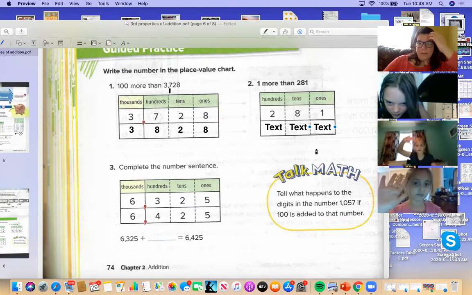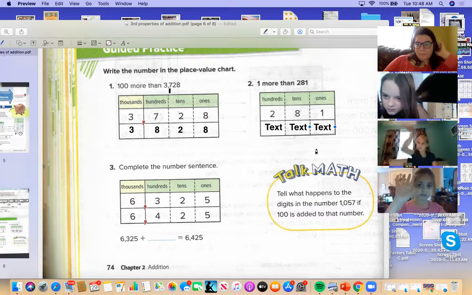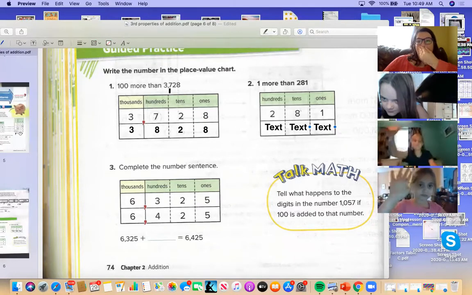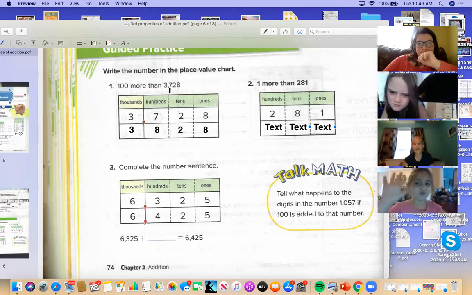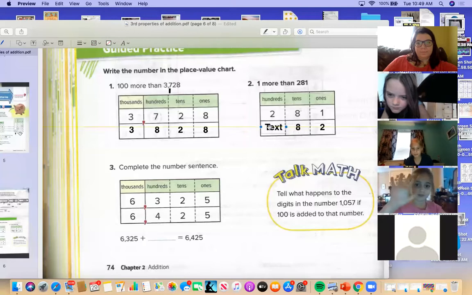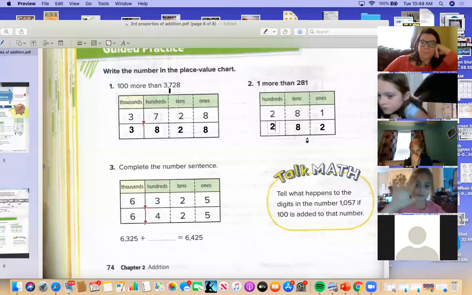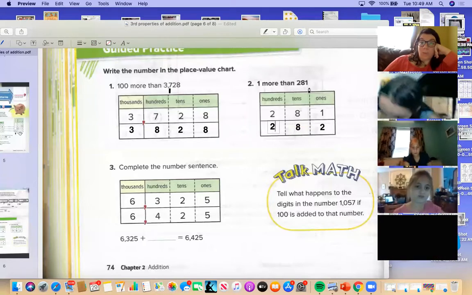Want me to call on somebody else? Sure. All right, go ahead, Charlotte. 282. There we go. So the number that changes is the ones, the unit.